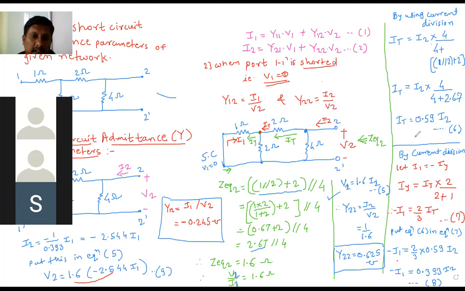Second one is current division, and third one is Ohm's law, means relation V is equal to current into resistance, like this. We have to manipulate the equations. एकाचं इक्वेशन दुसऱ्यामध्ये ठेवायचं. Like this we have to use the manipulations and steps, and we have to get the relation between different variables, and from that we can get the different parameters.